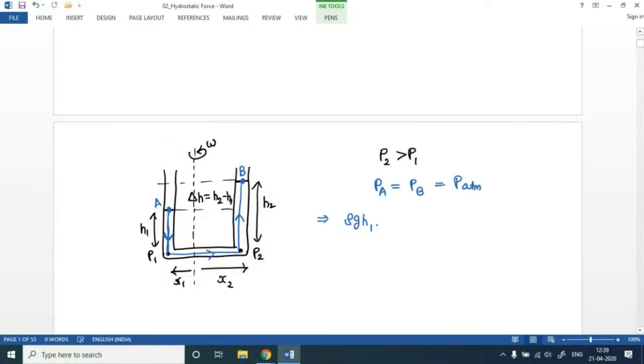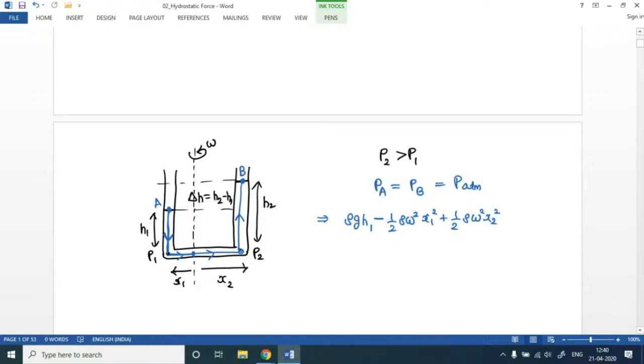Then from this part till the center, as we are moving towards the axis, the pressure will decrease by an amount of half rho omega square into x1 square. I am equating the pressure variation. From here to here the pressure will now be increasing, so that would be half rho omega square into x2 square.